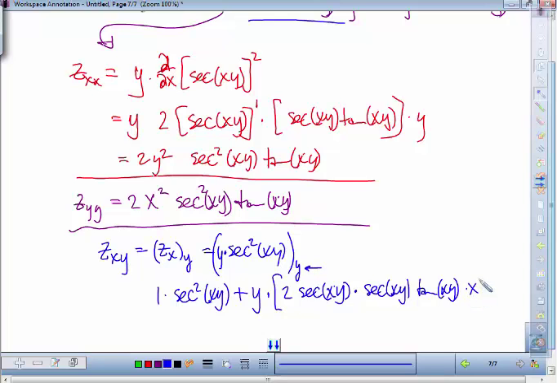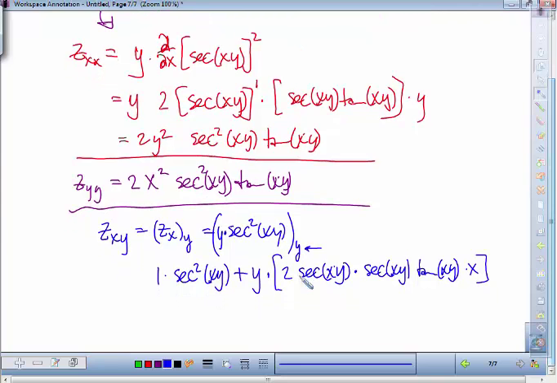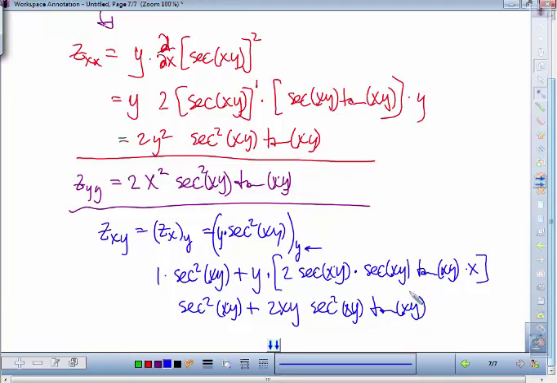It's x. It's with respect to y, remember? Okay. We can simplify this. I'm not usually for simplifying things, but when we do the next one, you'll see why I was simplifying it.